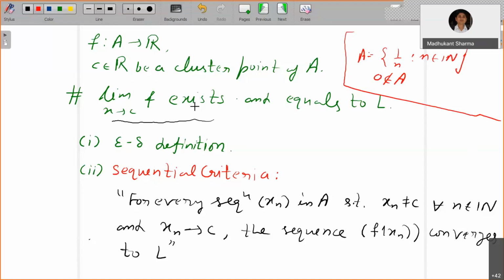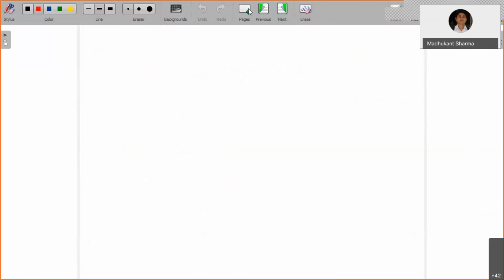I can give you an example where it may not happen. We will get into the detail later. Let's say f of x is equal to sine x for x non-zero, and 2 when x equals 0.